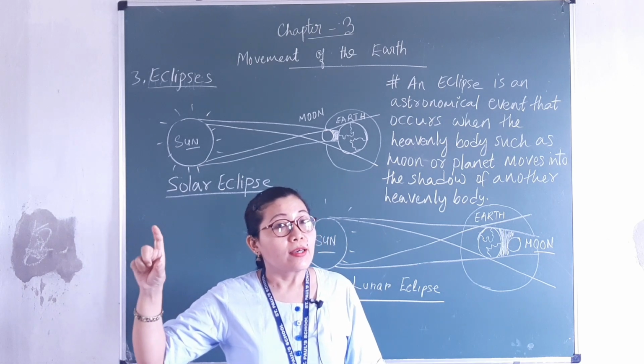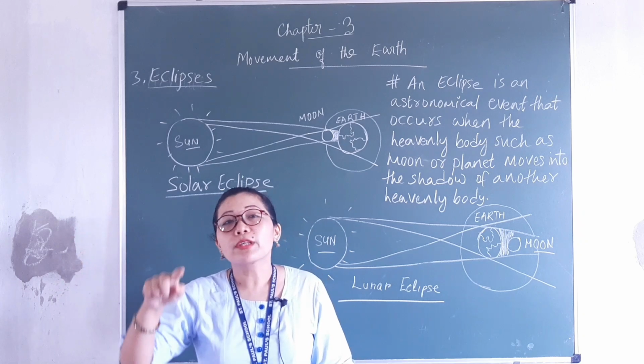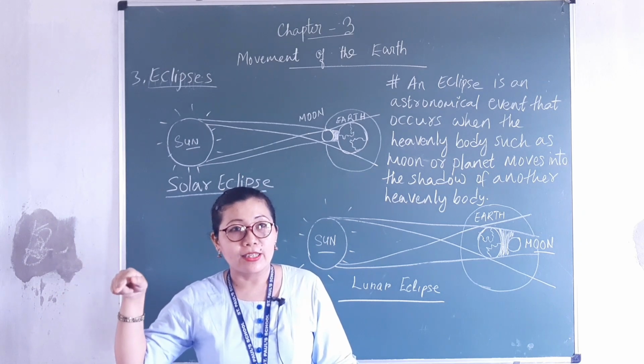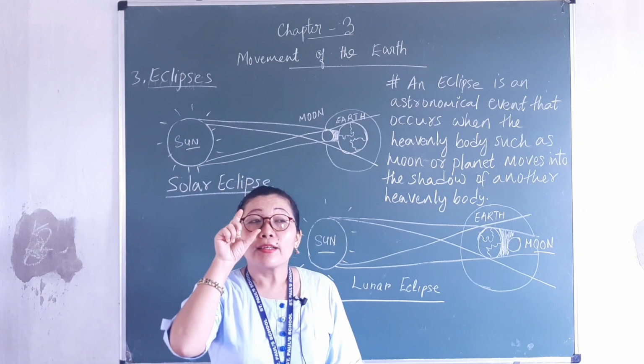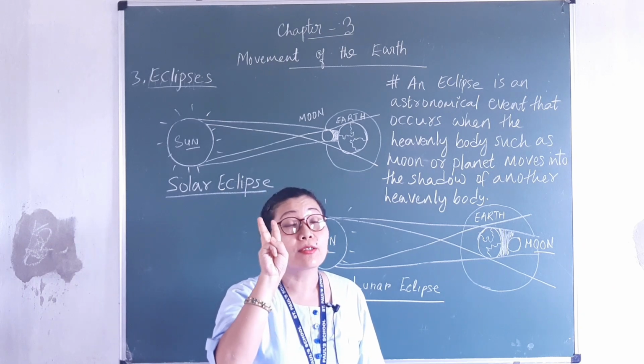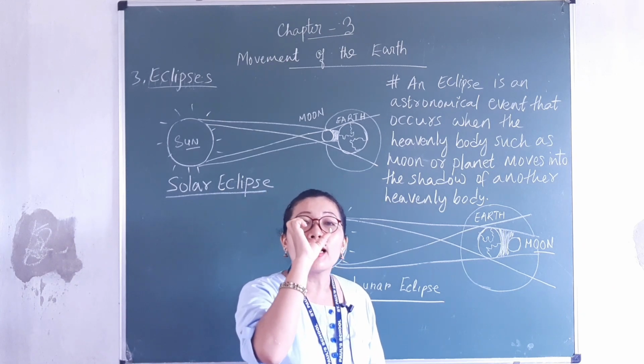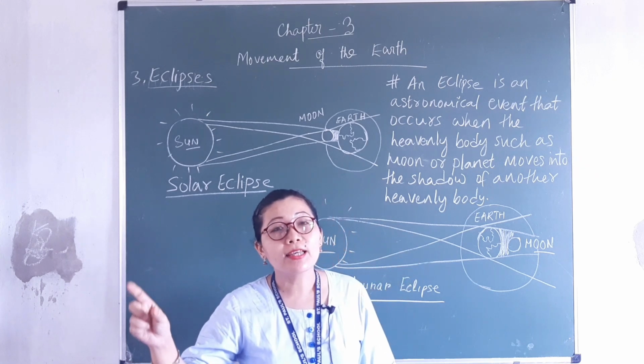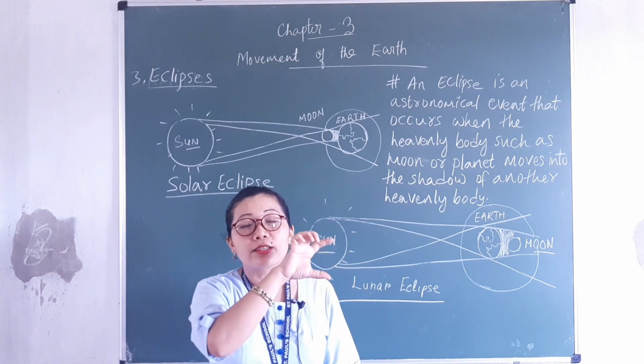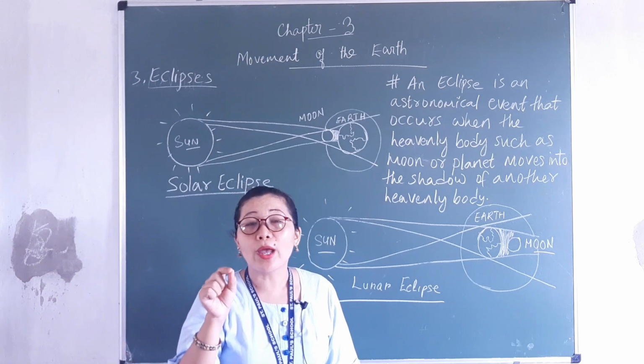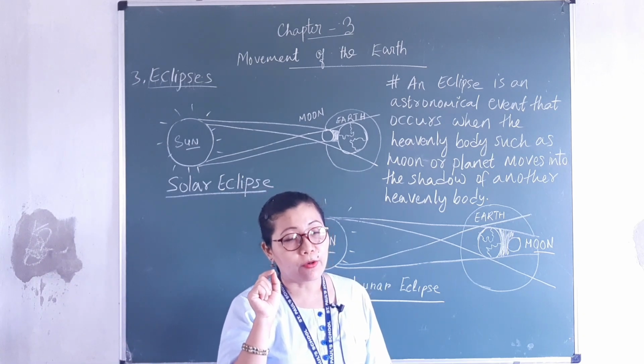And the moon also revolves around the earth, okay? So there are times when these three heavenly bodies, that is the sun, the moon and the earth, gets aligned in the straight line, okay? And this is when an eclipse occurs, okay?